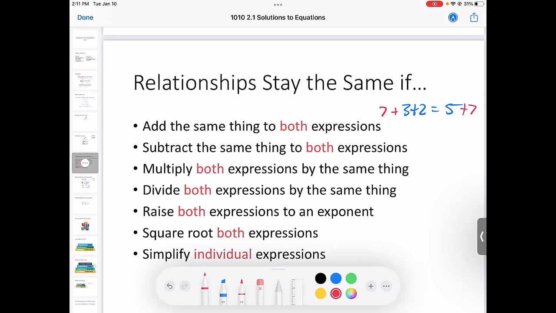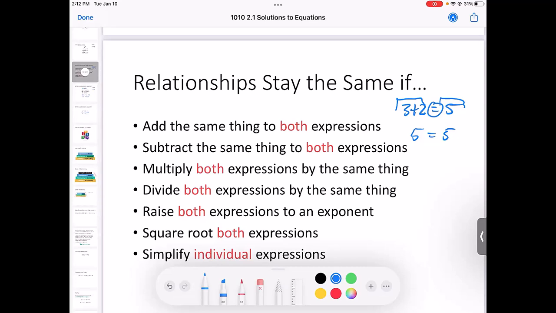So for example, if we started with this original blue equation, we could simplify one of the expressions, because remember, equations are written with 2 expressions and a relationship between them. So if I wanted to, I could simplify 3 + 2, which is 5, and write it as 5 = 5. That still keeps the relationship the same. So those are the different things that we can use in order to help us solve equations.